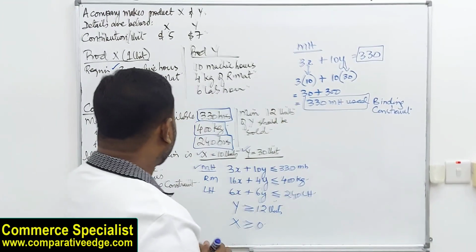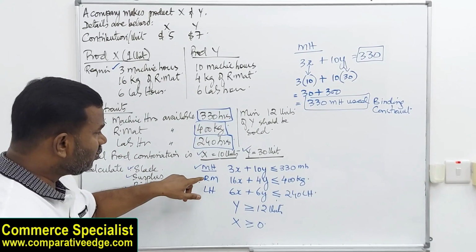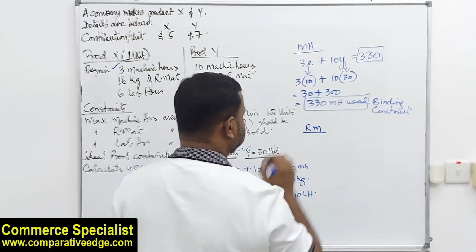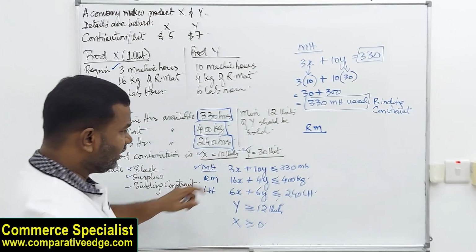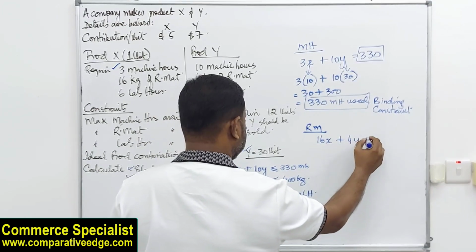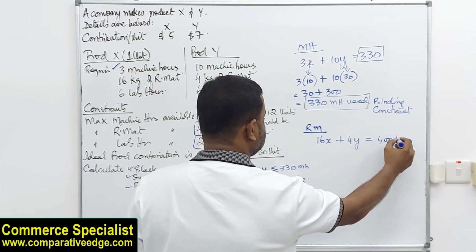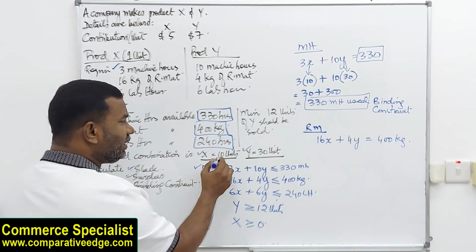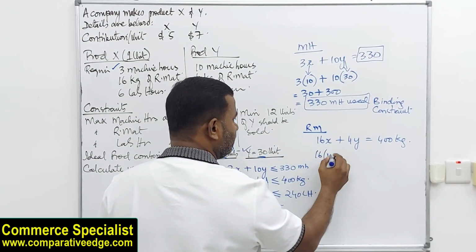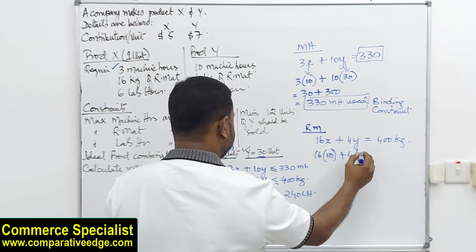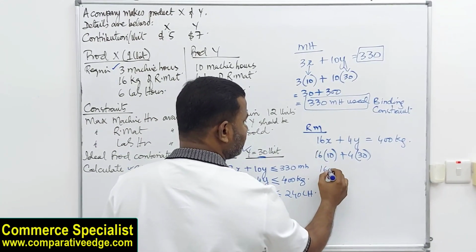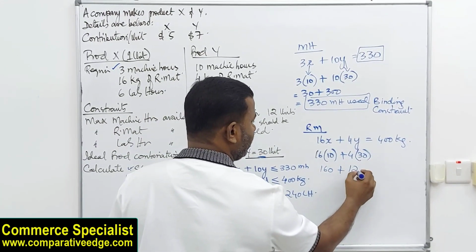So let's see what is the situation when we come to raw material. If I'm talking about raw material here, this is the equation, 16X plus 4Y is equal to 400. This is the kilograms available. And now we are making 10 units of X and 30 units of Y. So 16 into 10 plus 4 into 30. 16 into 10 is 160, plus 4 into 30 is 120.